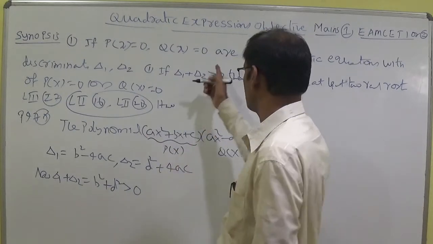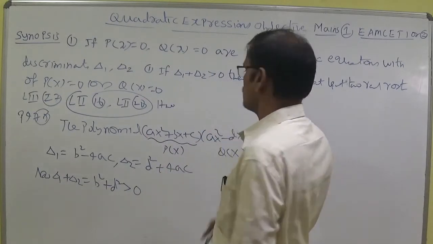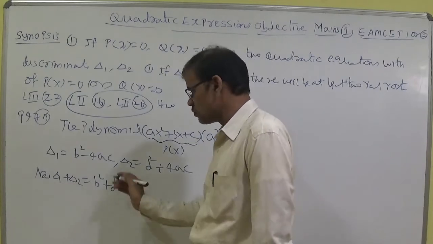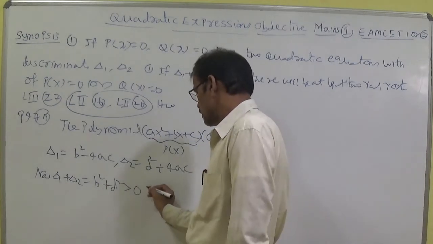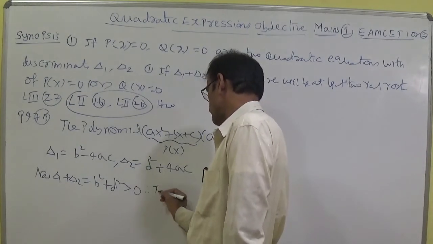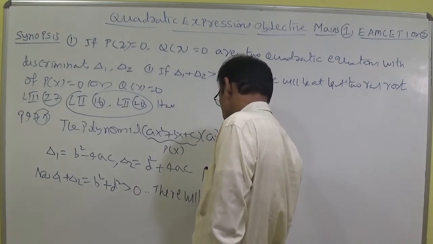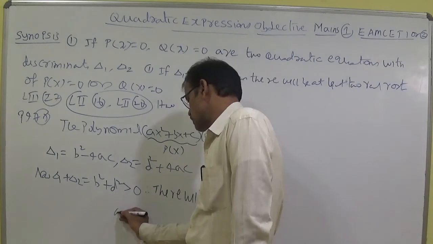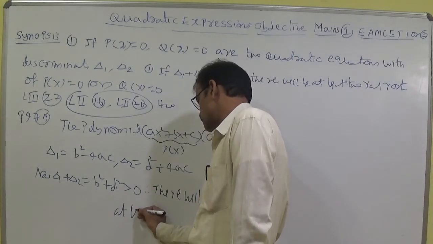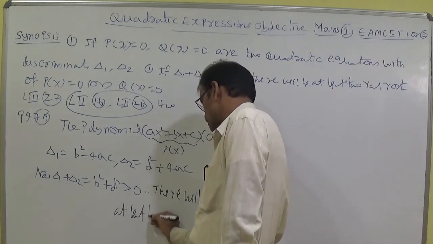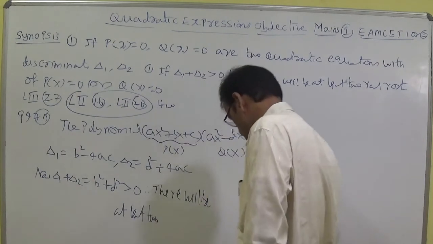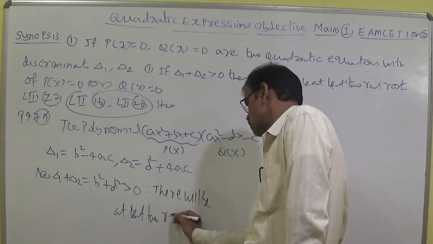We can say that then there will be at least 2 real roots. Greater than or equal to 0 you can also put. Therefore there will be at least 2 real roots. In the option he has given at least 2 real zeros.